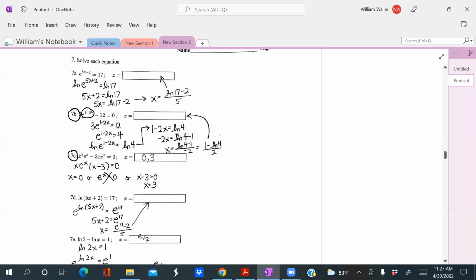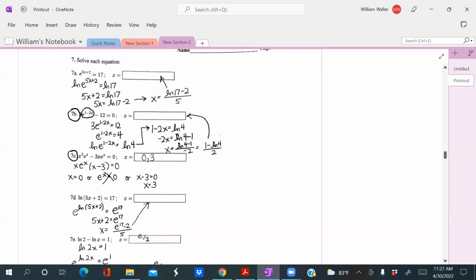First I want to isolate e^(1 - 2x) by itself, so I just added 12 to both sides. So you get 3e^(1 - 2x) = 12. Then divide both sides by 3 to get rid of the coefficient of 3. That's easy enough, and we get e^(1 - 2x) = 4.